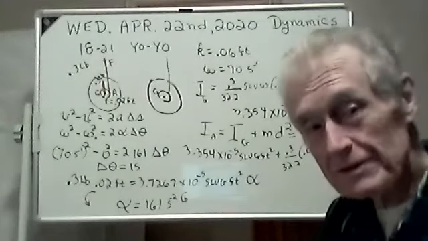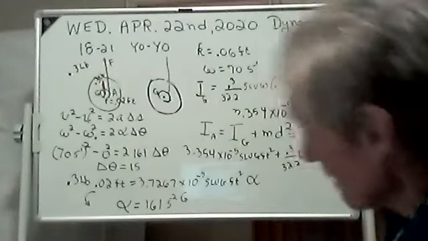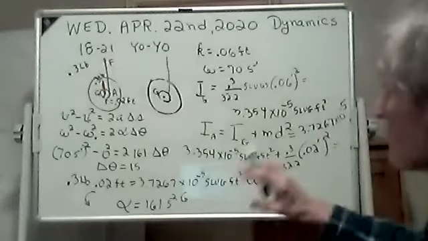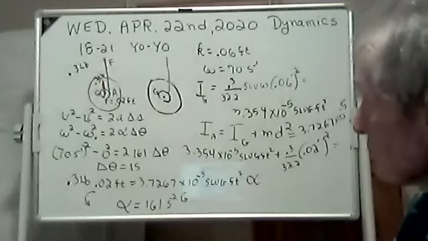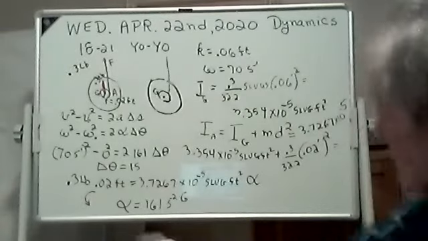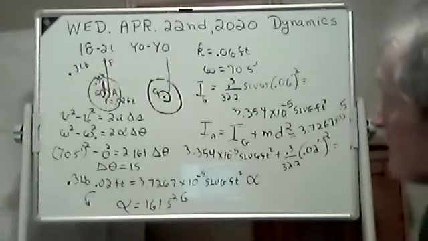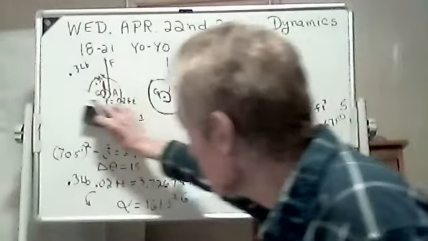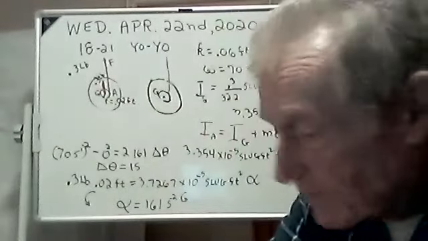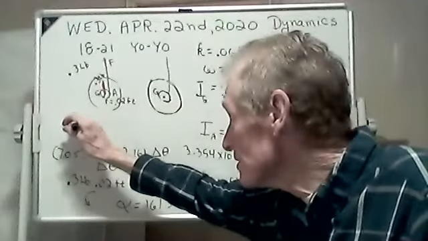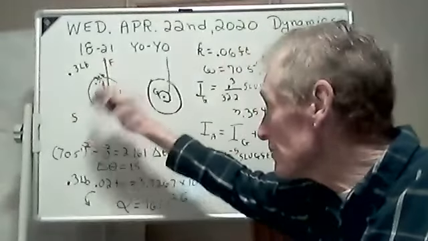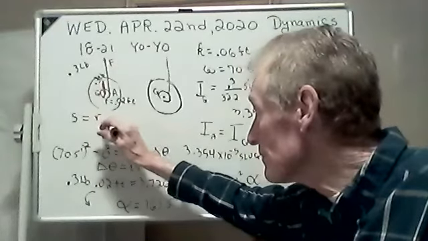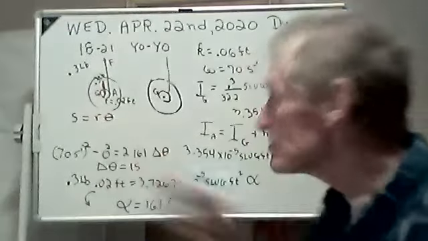Yeah, that's better. Okay. All right, now with that angle, we can find how far it went. And here's how you do it. Oh, gee, I need some more room, don't I? Well, here's some room right here. Now what we're going to do is say that the distance you travel when you're talking about a circle like that is equal to r times theta. I know you've seen this equation.